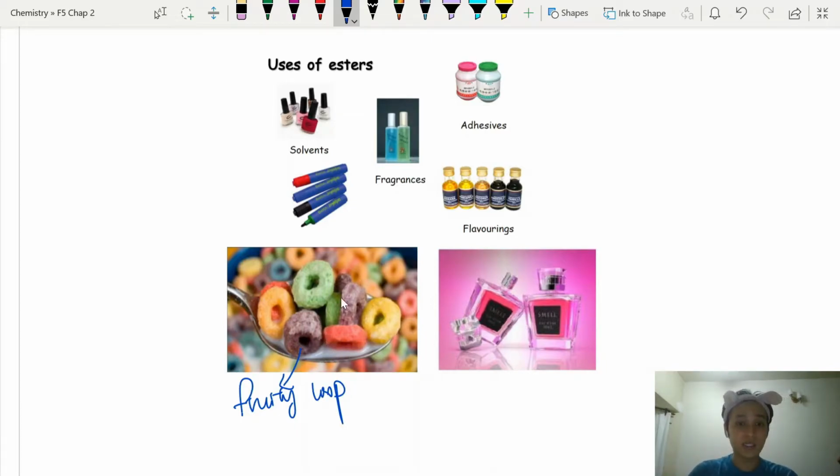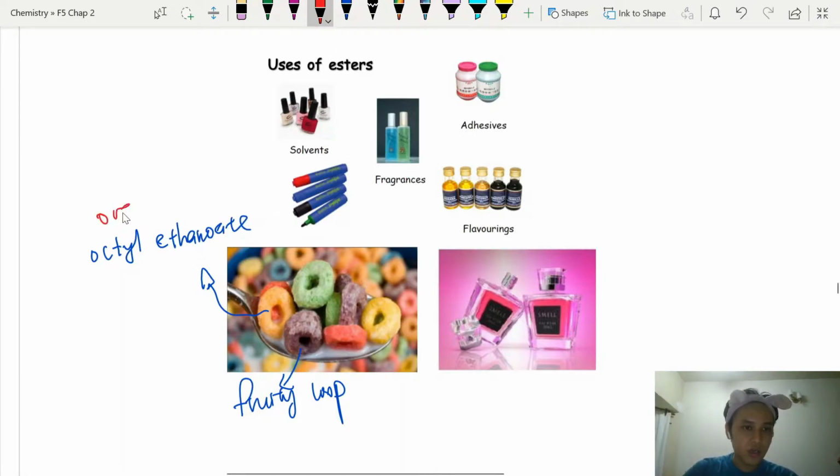Technically, the flavor of your Fruity Loop comes from the ester. Let's say for example the orange. The ester that gives you the orange flavor is what we call octyl ethanoate. So this one gives you the orange flavor.